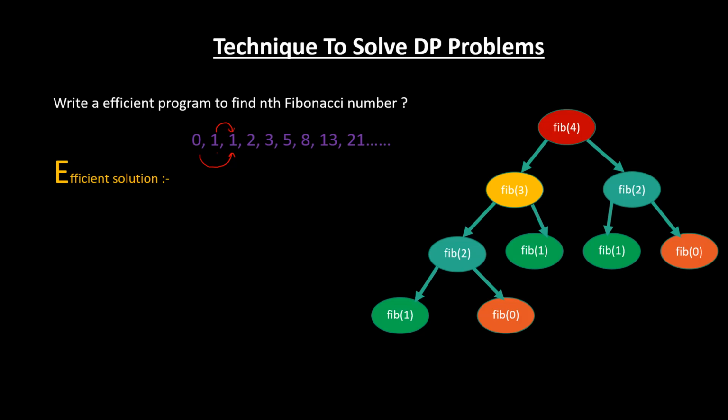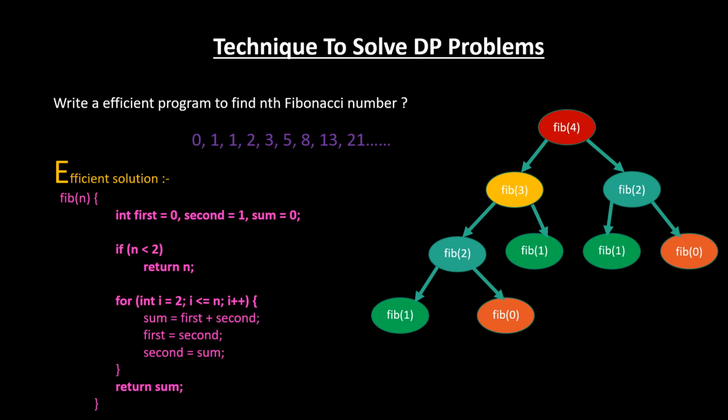In the same way, to get the next term, you have to add the previous 2 terms, right? So if you clearly identify, you can come up with this solution. In this solution, there is no recursion. There is no array also for caching purpose. What we have done, we are taking three variables: first, second and sum.